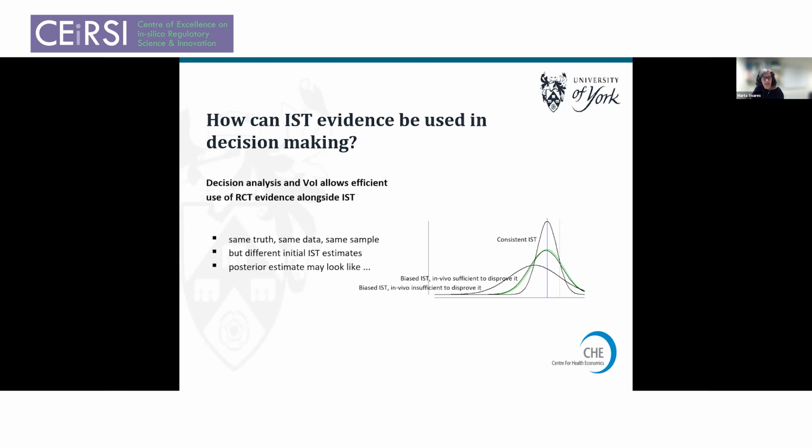If your IST is inconsistent, but the data is sufficient to disprove that, then your final posterior using the same sample size is going to reflect the exact same distribution as if you only had your in vivo data. If your IST is inconsistent, but the evidence collected wasn't yet sufficient to fully disprove the In-Silico trial, then you might generate a more imprecise estimate, so lose some of the in vivo evidence. But as you collect more evidence, that will be resolved.